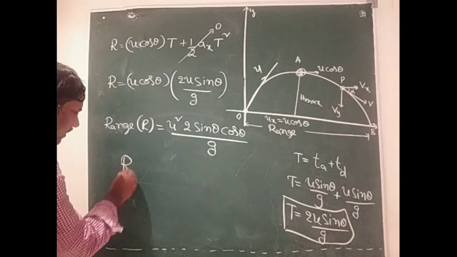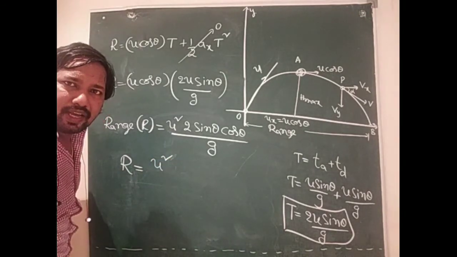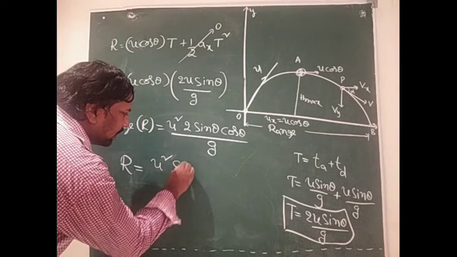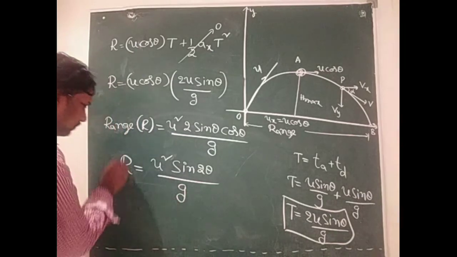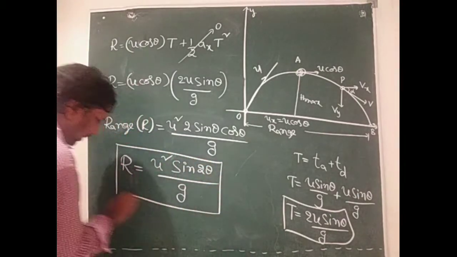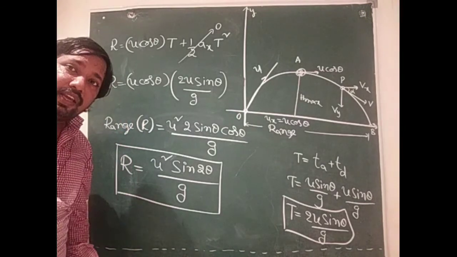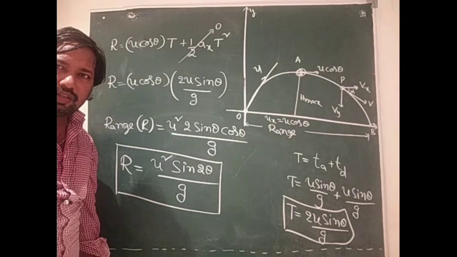So it can be written as R equal to u square. We know that 2 sin theta cos theta is equal to sin 2 theta, so sin 2 theta by g. This is the expression of horizontal range in the case of oblique projectile motion. Okay, thank you.